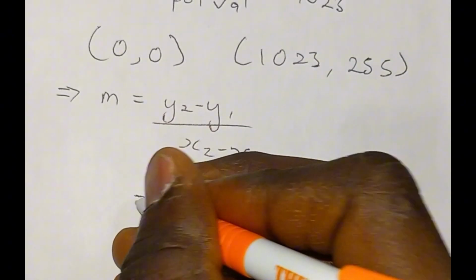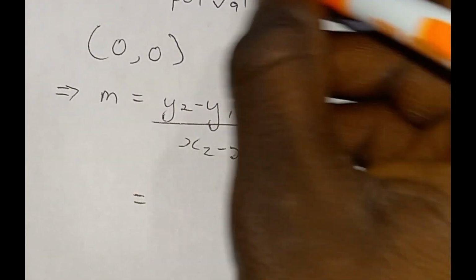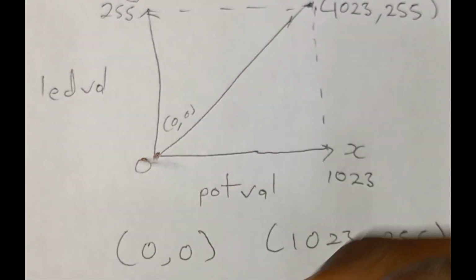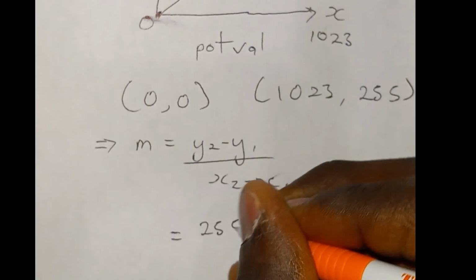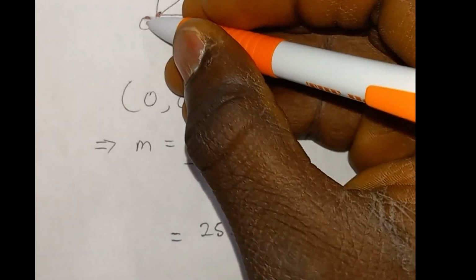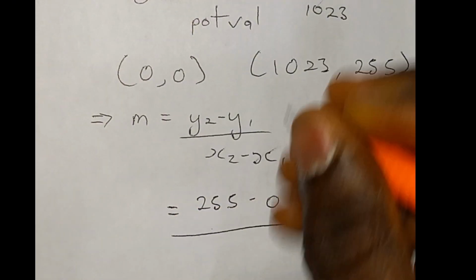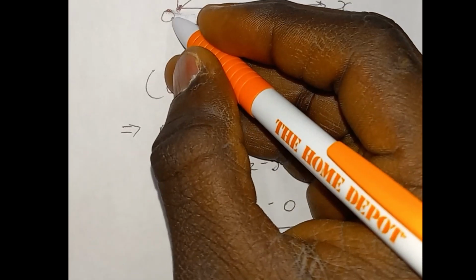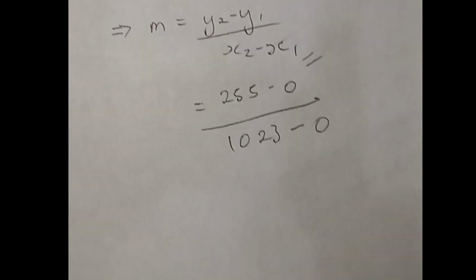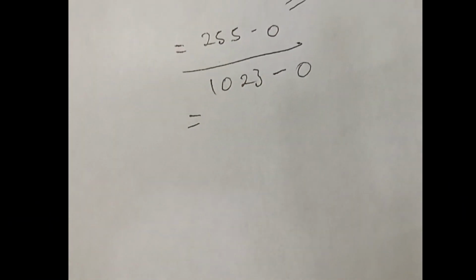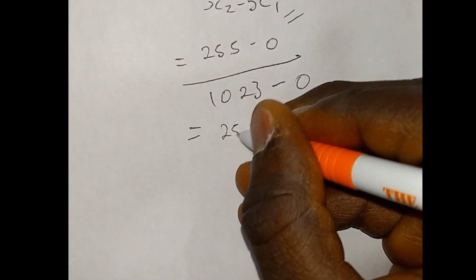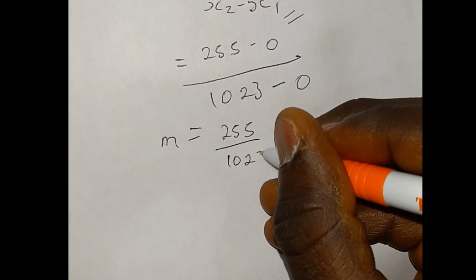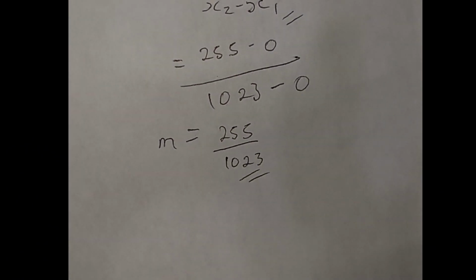So y2 is 255, hope you guys can see, minus y1 is 0, over x2 1023 minus x1, that's 0. So m is equal to 255 over 1023. Yeah, it's nothing too complicated.